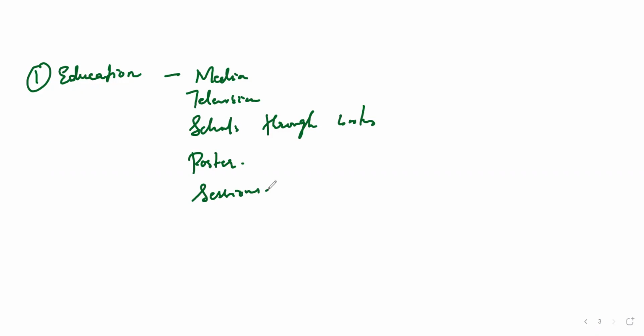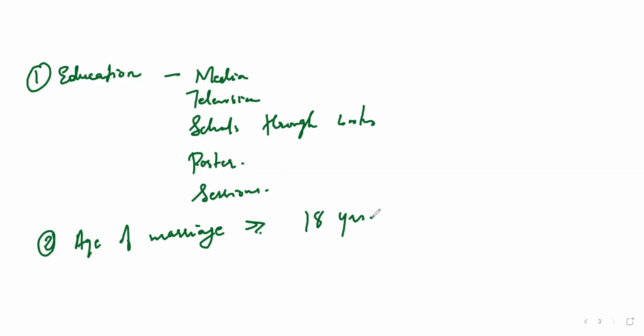So there are many ways by which we can educate people about how to control the population. Next thing that we can do is the age of marriage. Early marriage should be prevented. So that's from 18 years. After 18 years only, the marriage should be kept for the children. So these things can help a lot to control what?